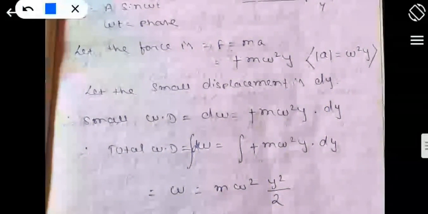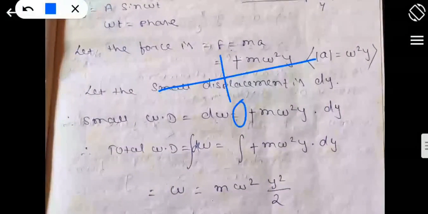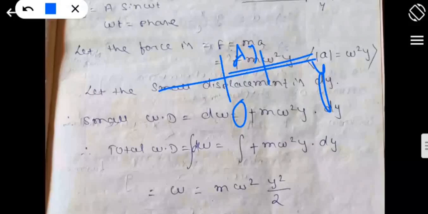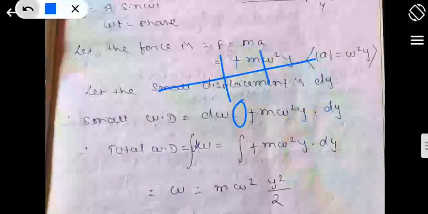Now we are calculating the full displacement y. How will I find it? This is 0, this to this is dy, and this to this is y. I can calculate this by using the integration formula, because to calculate the bigger quantity, we have to add the smaller quantities. dw is a small work done.